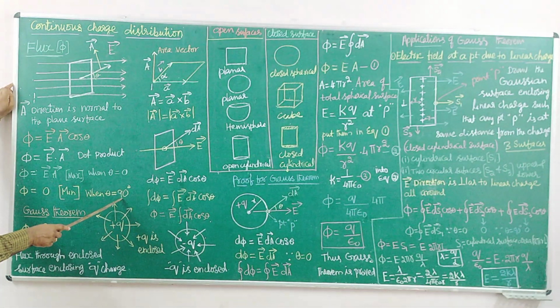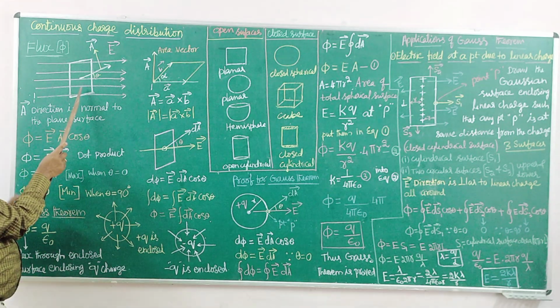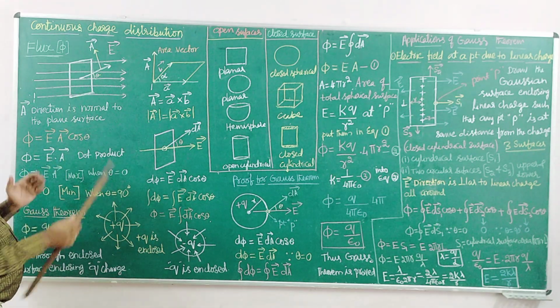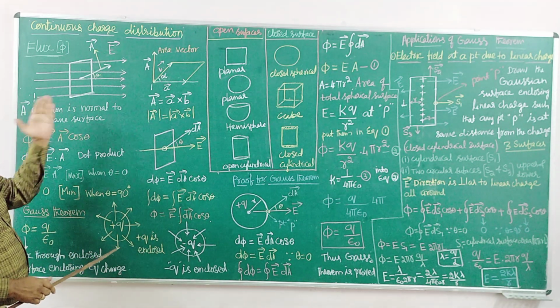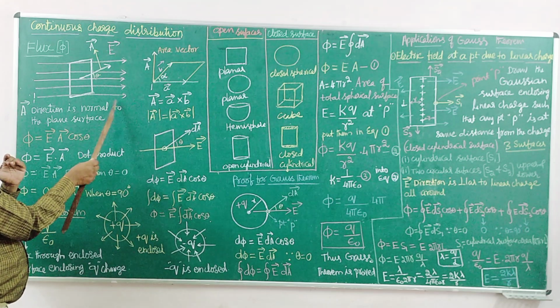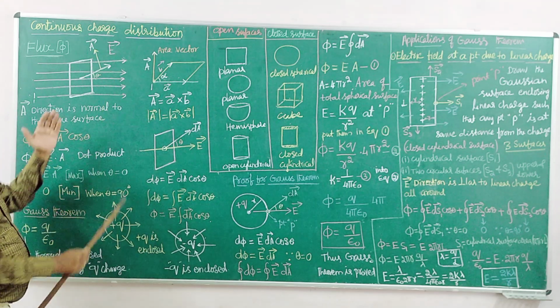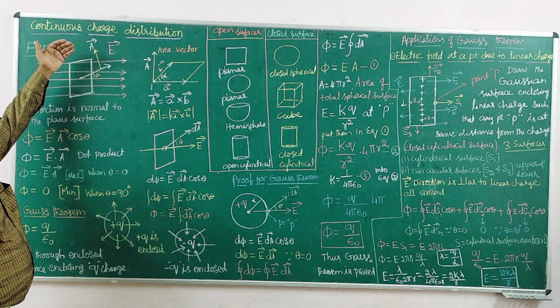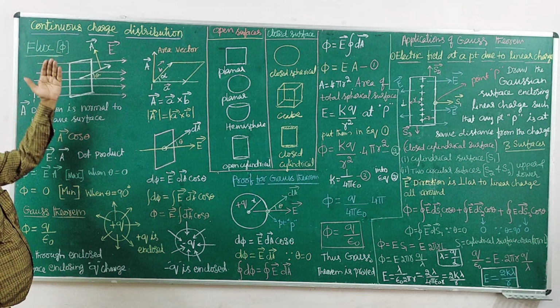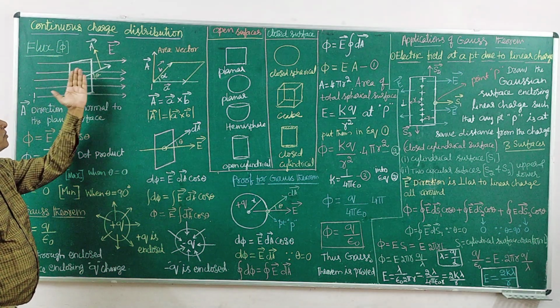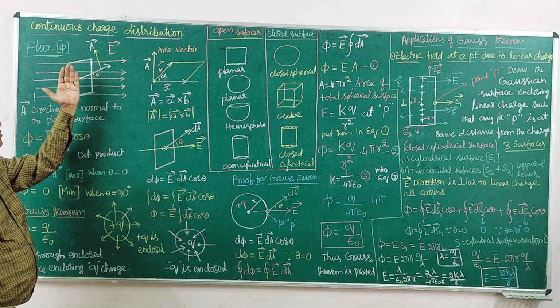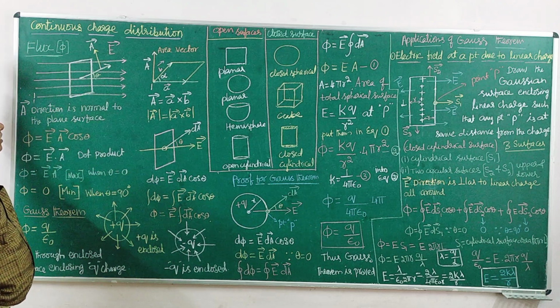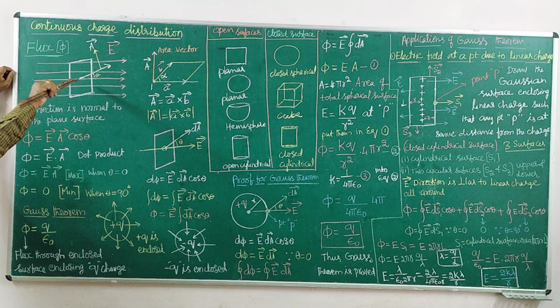And the minimum value is 0, when theta is equal to 90 degrees. Theta equals 90 degrees means that the surface is exactly in the plane of the electric lines. If the electric lines are in the plane of the board, and this surface is in the same plane, the area vector is perpendicular to the board.